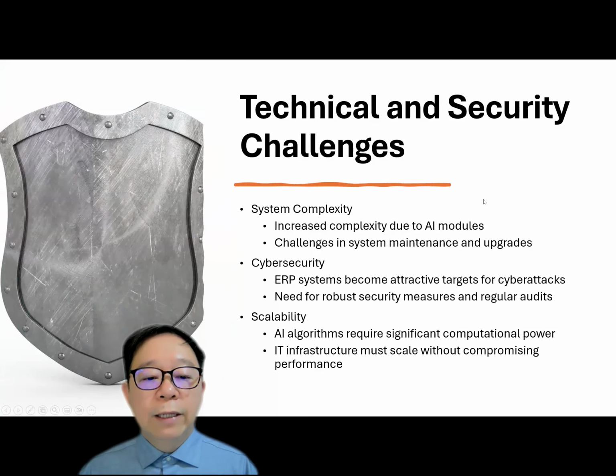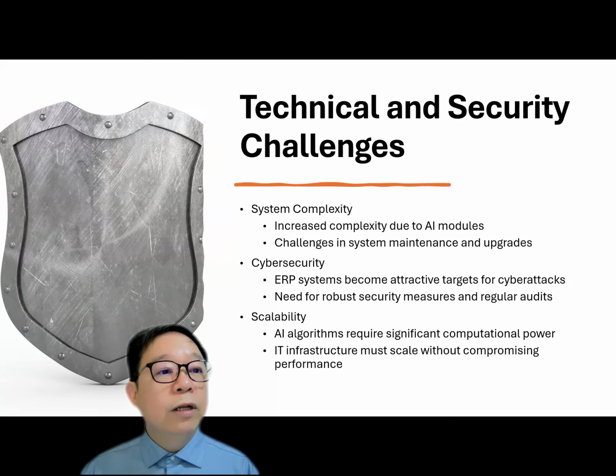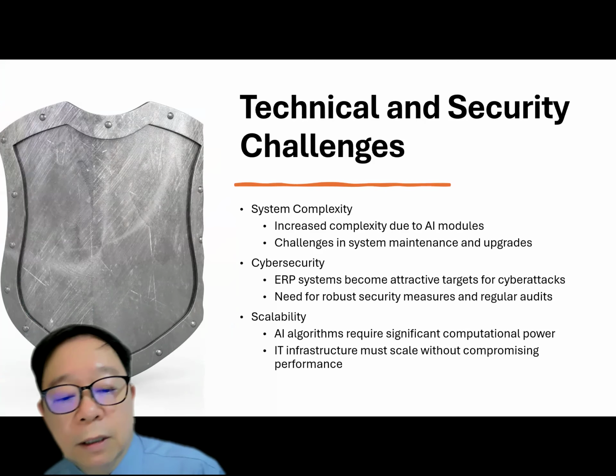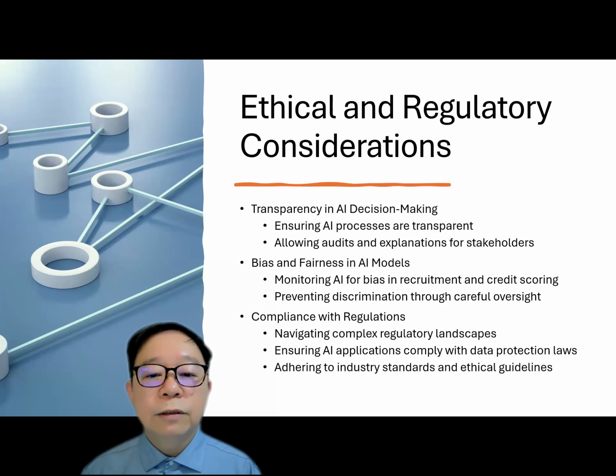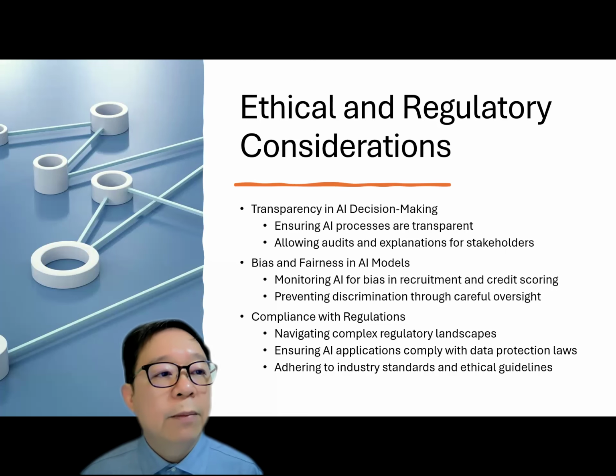Right. Yeah, look at the technical challenges. The system can be very complicated. There are cybersecurity threats, and if a business is going big, you need to make sure you have a good, scalable system also. We also mentioned the ethical and regulatory process. AI decision making must be transparent.